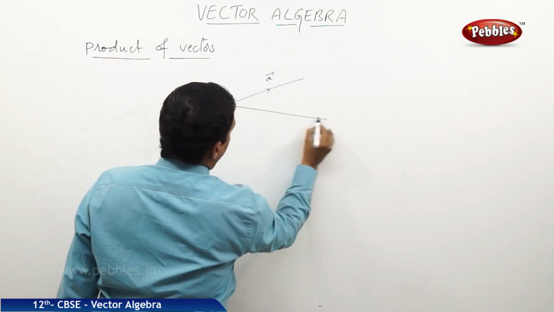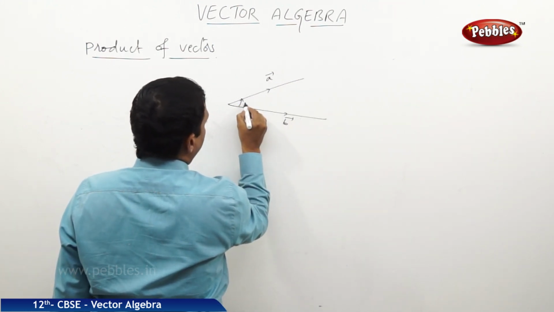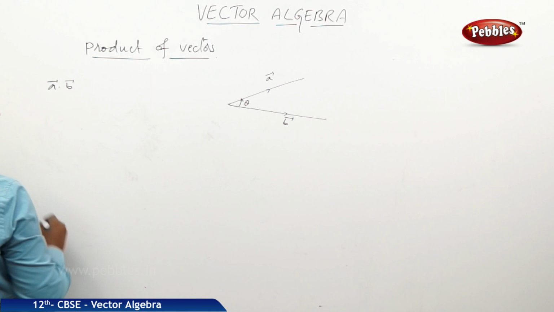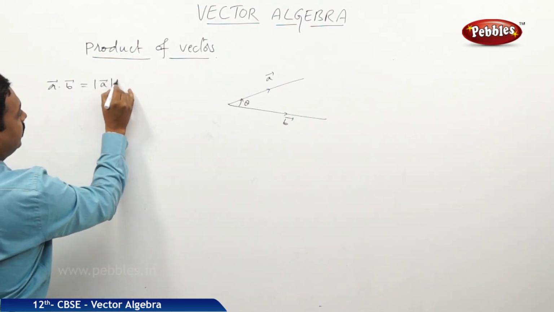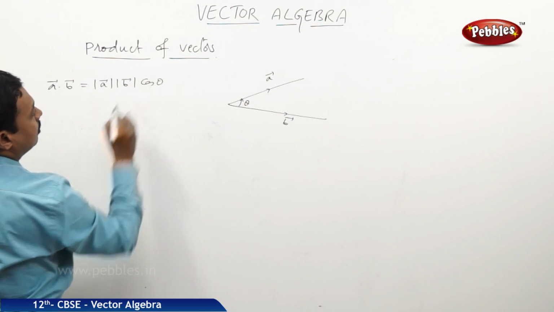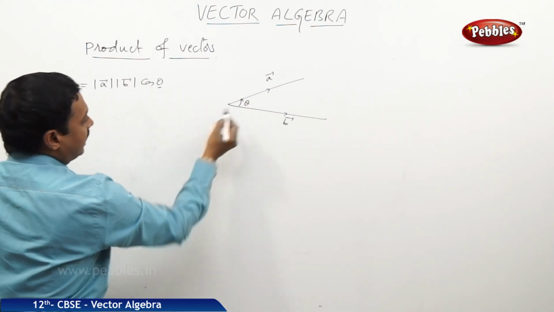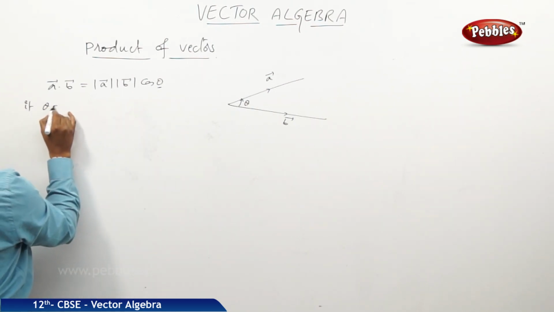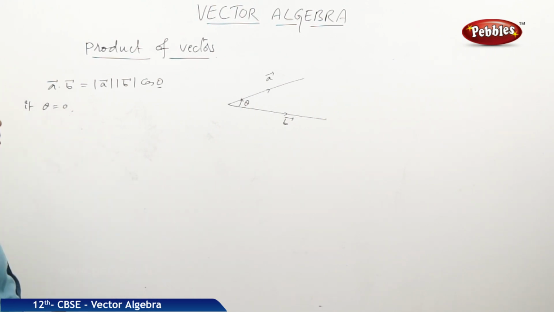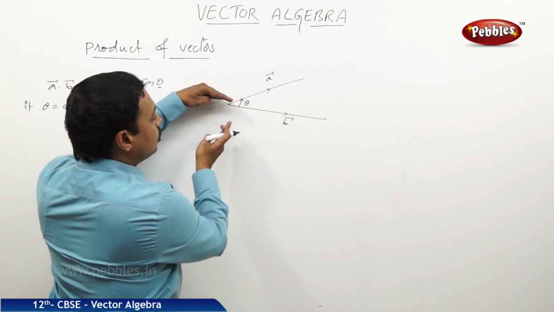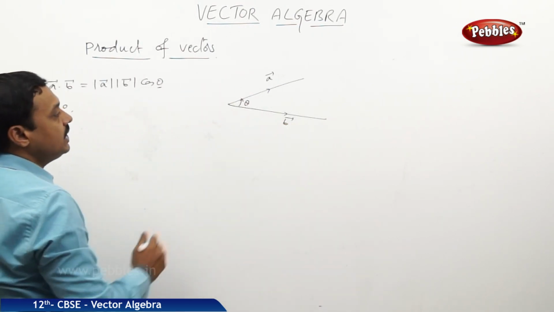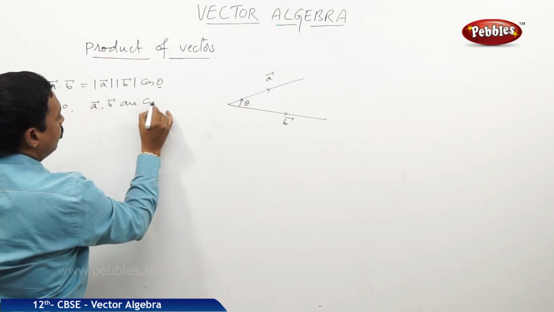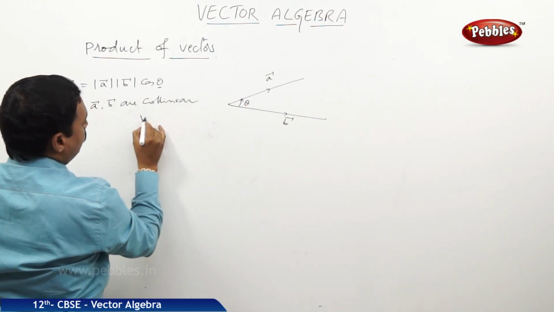We have two vectors A bar and B bar. The angle between them is theta. Now the product A dot B is equal to modulus of A into modulus of B into cos theta, where theta is the angle between the two vectors. Suppose the angle theta is equal to 0. Then the two vectors become collinear vectors.